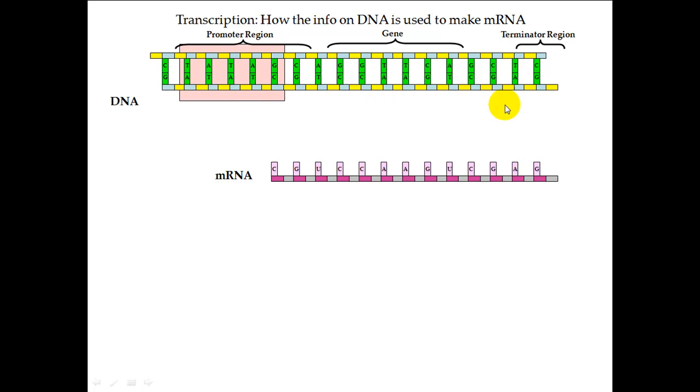What we'll do next is take a look at the terminator region. Remember, the terminator is where the RNA polymerase falls off because it has reached the end of the gene. Specifically, we'll look at what it is about the terminator sequence that makes RNA polymerase fall off.